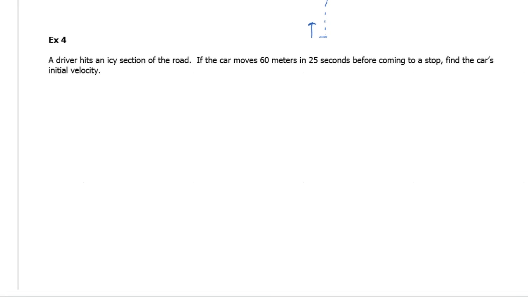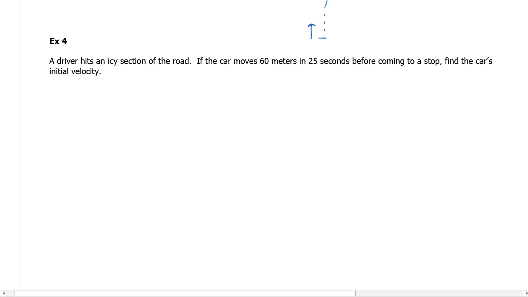Okay, example number 4 says a driver hits an icy section of the road. If the car moves 60 meters in 25 seconds before coming to a stop, find the car's initial velocity. Okay, so it moves 60 meters. So if I'm making my v-t graph, this is going to be the area, right?